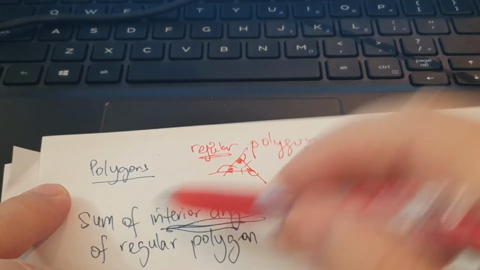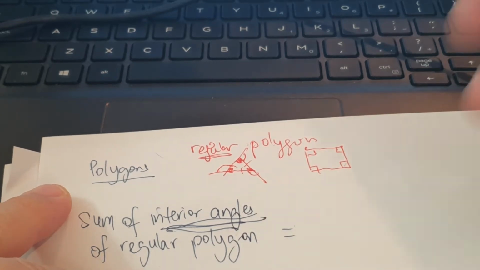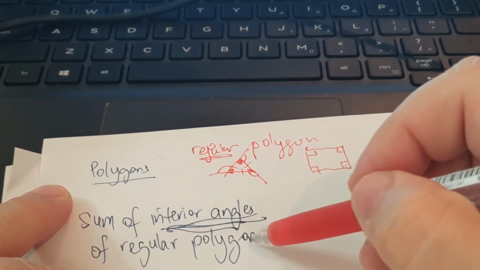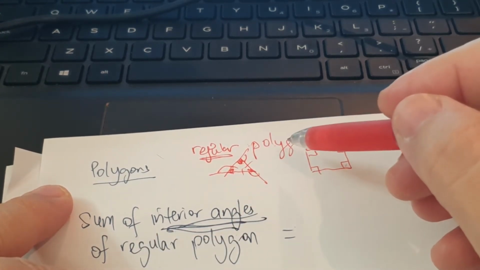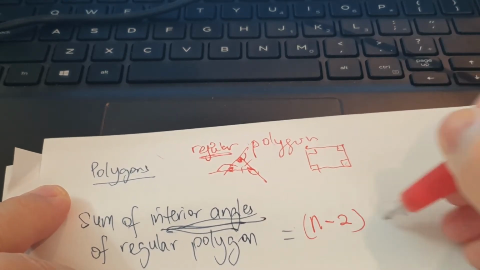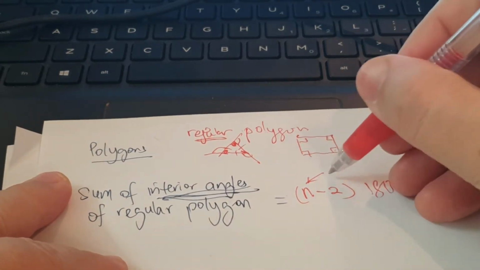Now, sum of interior angles. That means if I were to add up all the interior angles of a regular polygon, there's a formula, and the formula is given by n minus 2 times 180. What is this n? This n is the number of sides.